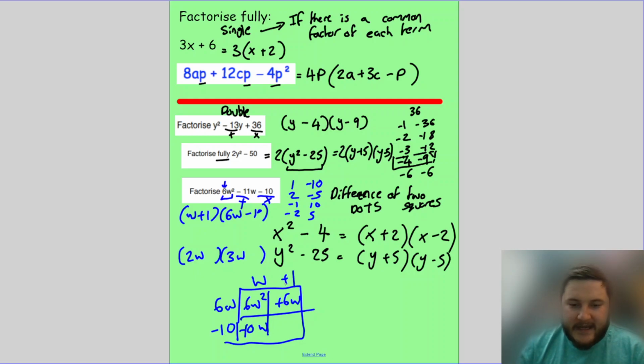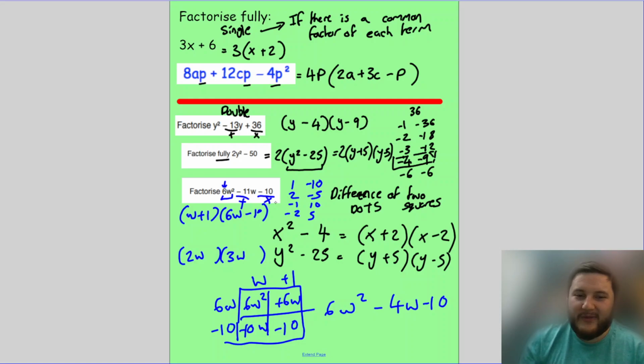And negative 10 times positive 1 is negative 10. Now, if we combine all these like terms together, as we did when we were expanding the brackets previously, we would get 6W squared, take away 4W, take away 10. Now, that is obviously not the answer we were looking for, because that's not what they've asked us to factorise.